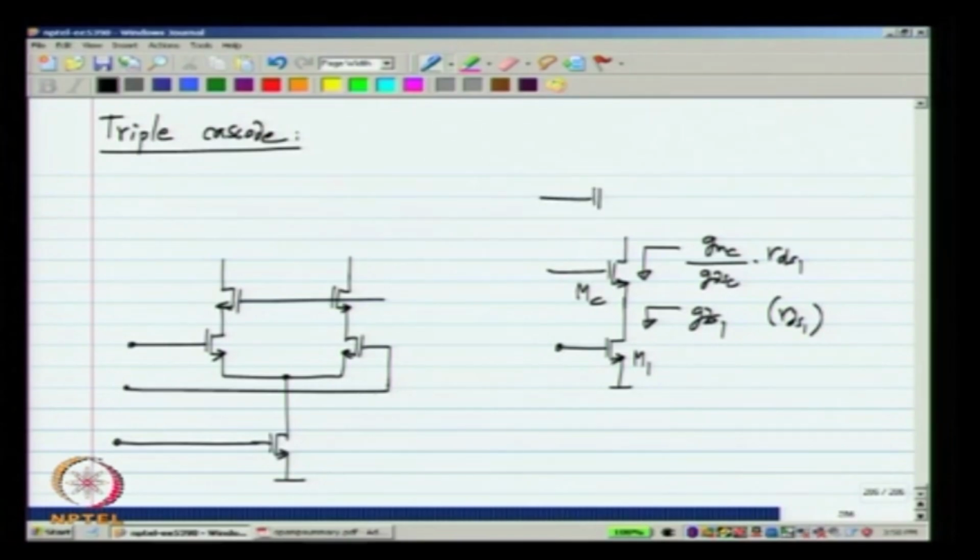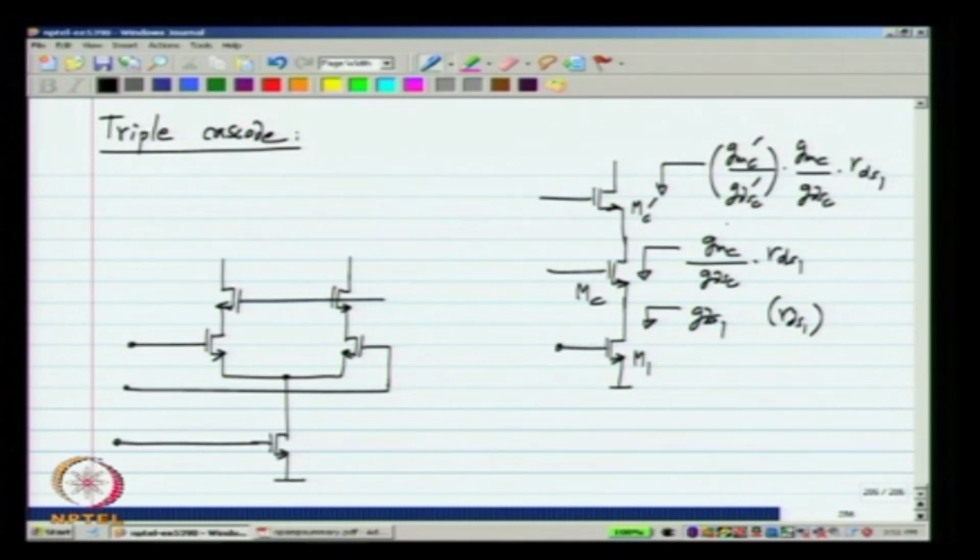I could cascode it with one more transistor, let us say MC prime, the output resistance will be GMC prime by GDSC prime, GMC by GDSC times RDS1. So, it is even higher. So, the same thing can be done with the op amp as well.